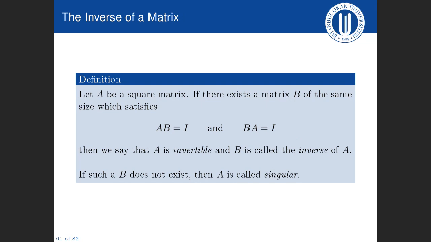If there exists a matrix B of the same size, which satisfies these two rules, AB is the identity matrix and BA is the identity matrix, then we say that A is invertible and B is called an inverse of A. If such a B does not exist, in other words, if A is not invertible, then we say that A is singular.